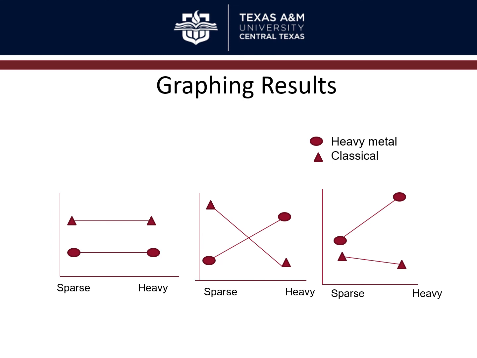Right. Look at the second one, we see a fully crossed interaction, right? Where when traffic was sparse, people were going much faster with classical music than heavy metal, but when traffic was heavy, they were going much faster listening to heavy metal music than classical. Right? Again, you try to figure out the main effects.